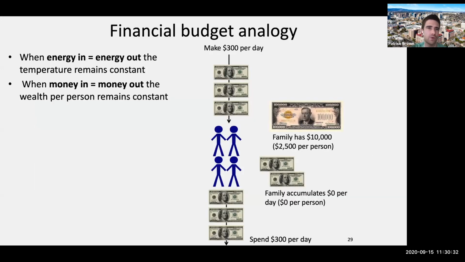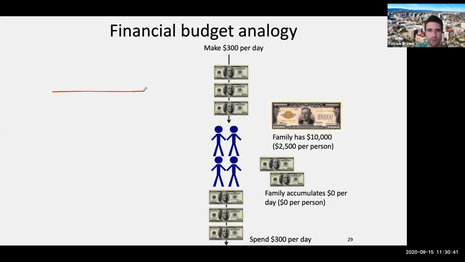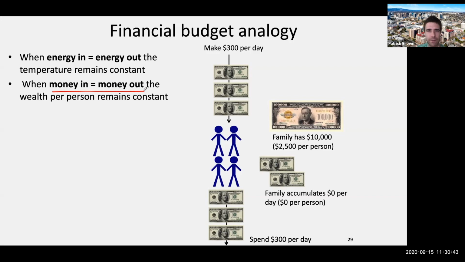Yeah, this is just one extra point about a balanced budget, right? A balanced budget means energy in equals energy out. So you're not accumulating money in your financial budget. And we'll talk about an imbalanced energy budget, which is what we have right now, where we are accumulating more energy than we're losing, and that's why our temperature is increasing.